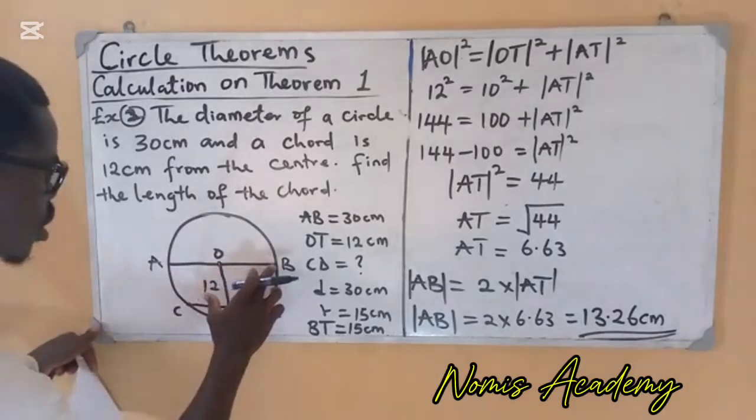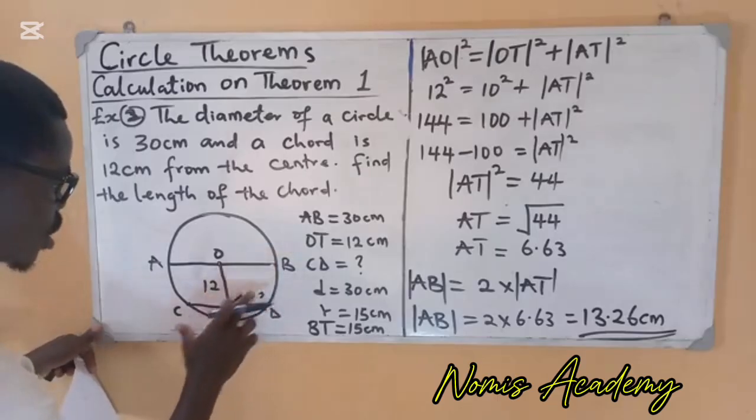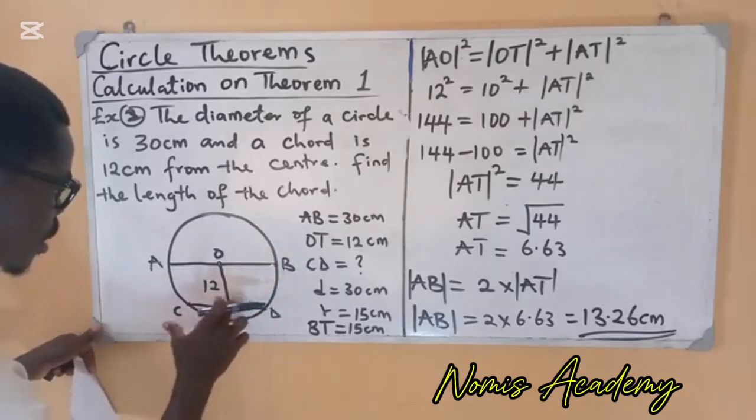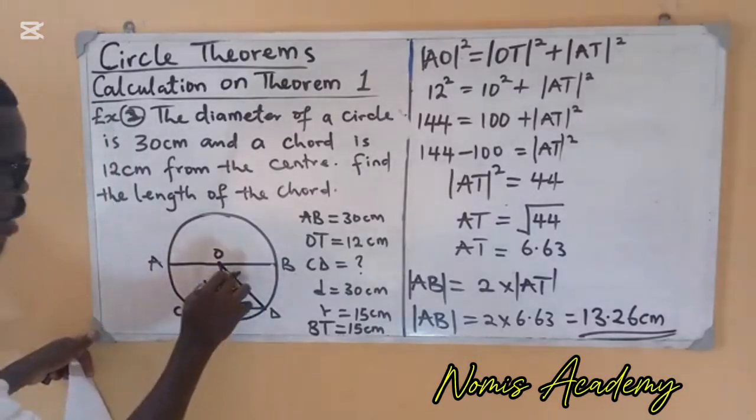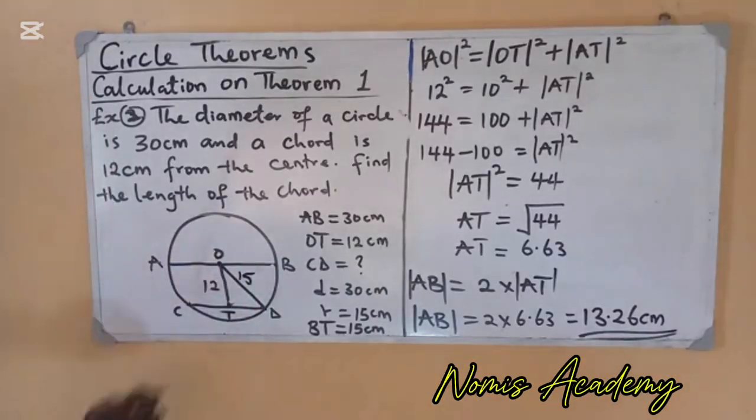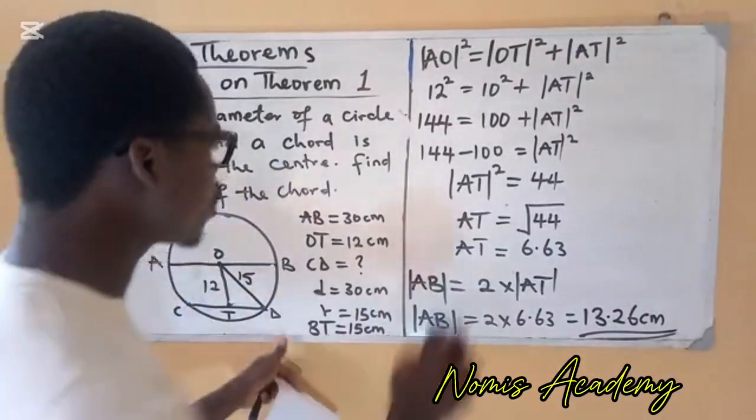Sorry, this is not the radius. We do it like this. This is the radius of the circle. So here is 15 centimeters. So we now need to look for side TD. So let's clean the other side of the board.